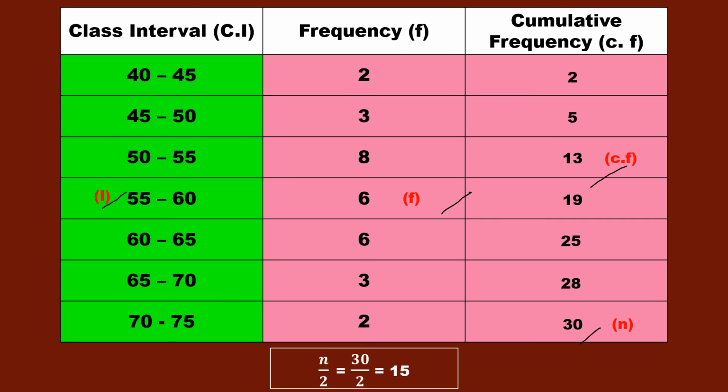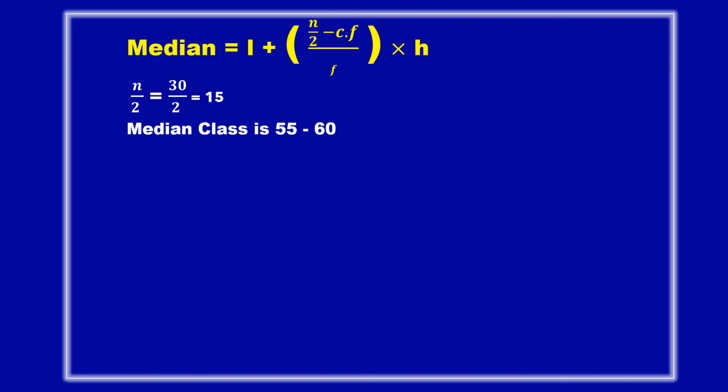Now the only thing we should do is substitution in the formula. The median is L plus n by 2 minus CF by F into H. Our median class is 55 to 60. We got n by 2 as 15. L is 55, F is 6, CF is 13.